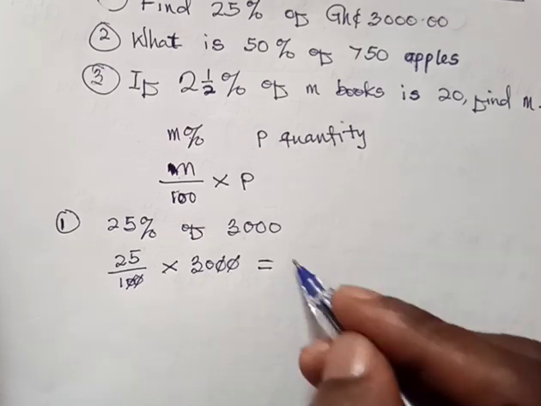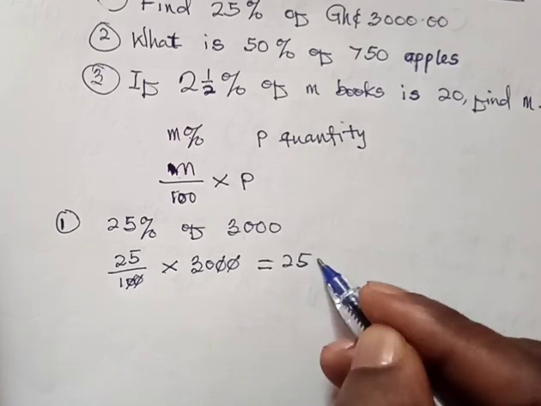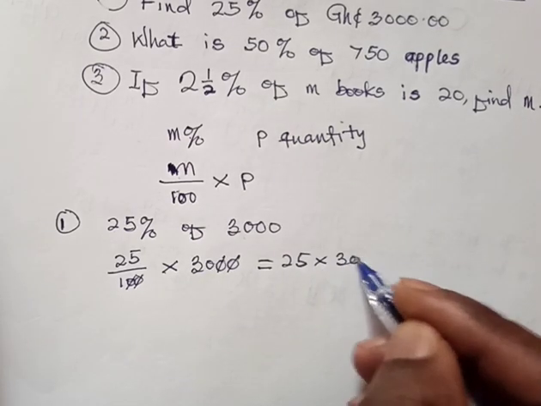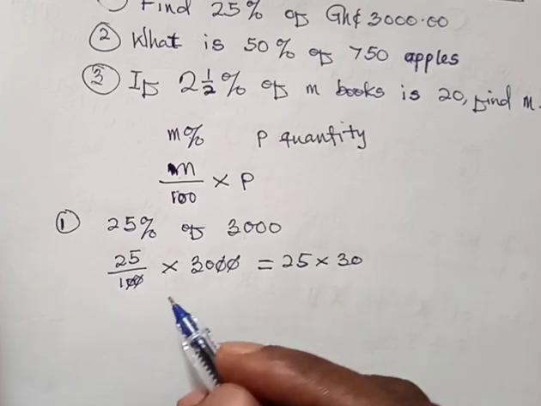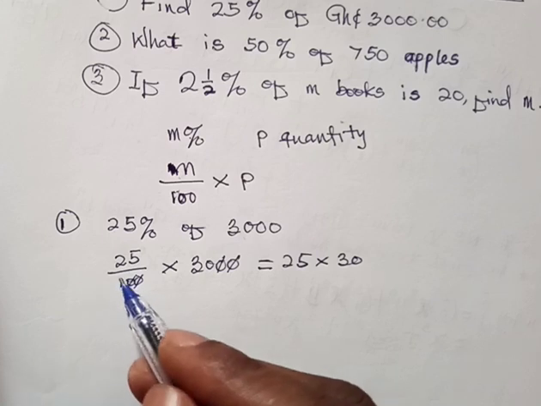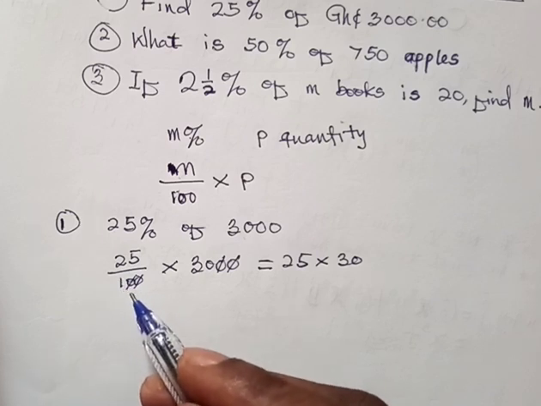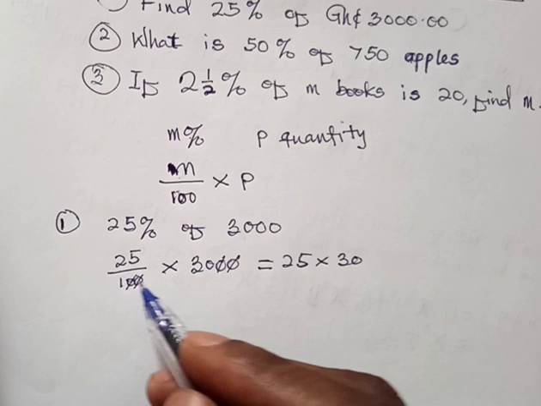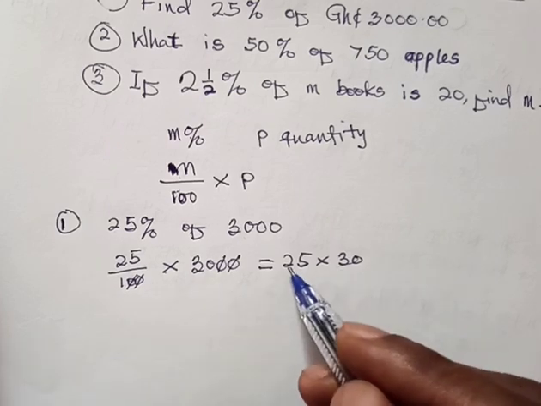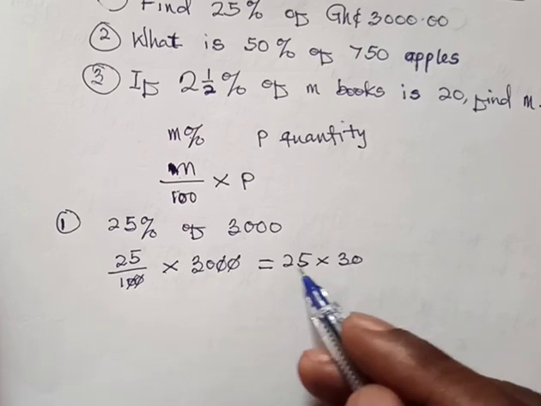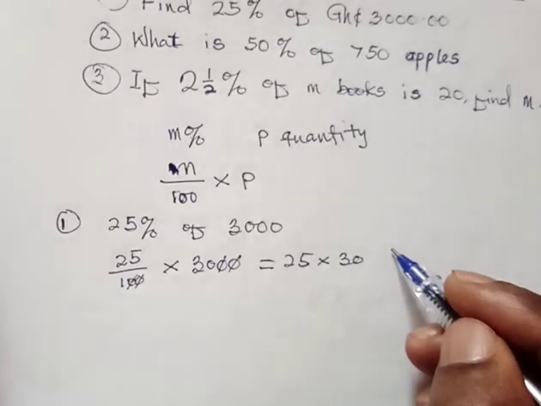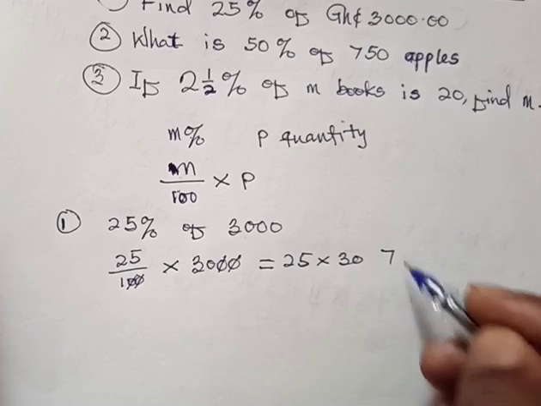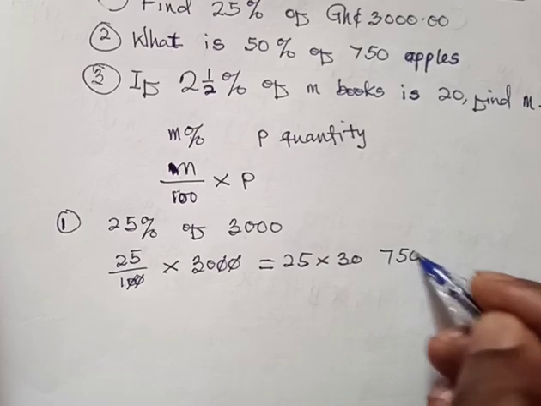Then we find our answer. So we are going to get 25 times 30, all divided by 1. And you know that any number divided by 1 gives us the same number, so we don't need to write it. So what is 30 times 25? We get 750.